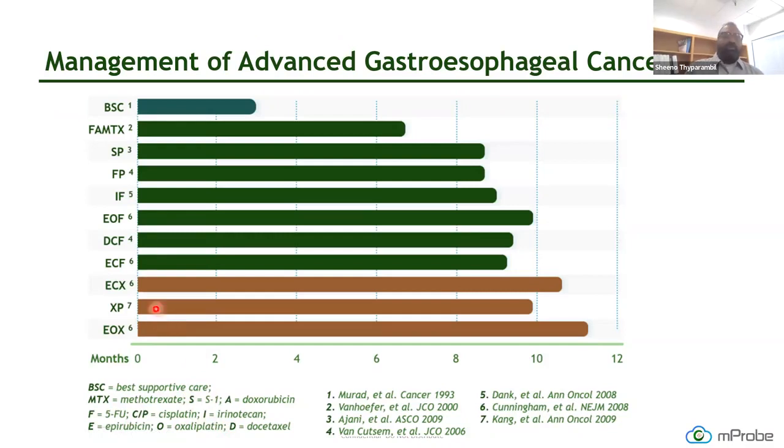So instead of using an EOF regimen, you might want to switch over to maybe an IF regimen and all that. Chemo continues to be the backbone of most cancer types, actually. So that's one focus area that we have.